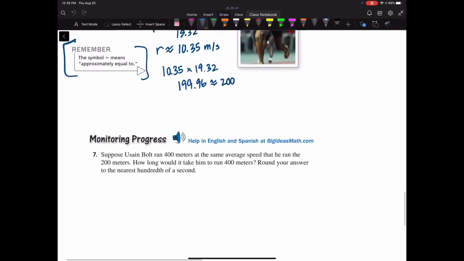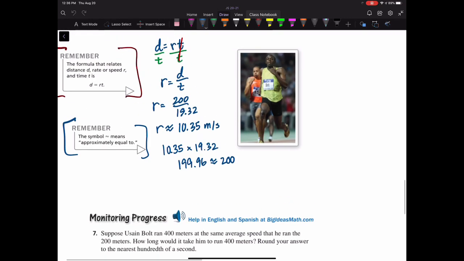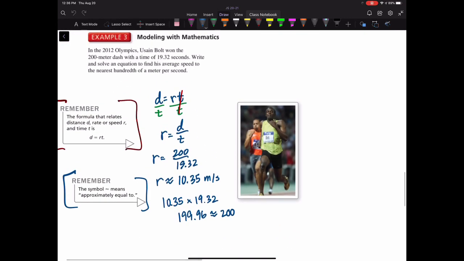Well, he's running at the same average speed. So one thing you could do, relating back, because the numbers are so nice, from 200 to 400, it's double. It would make sense at an average speed, it's going to double the amount of time.